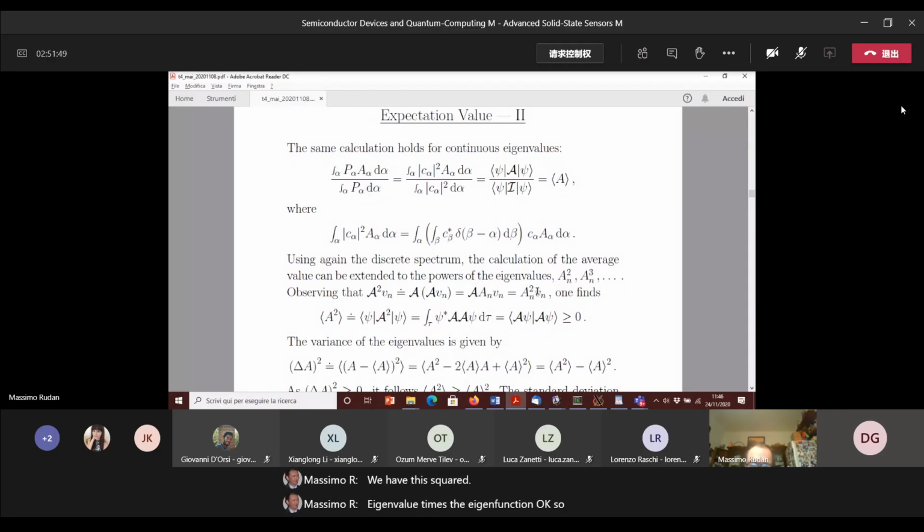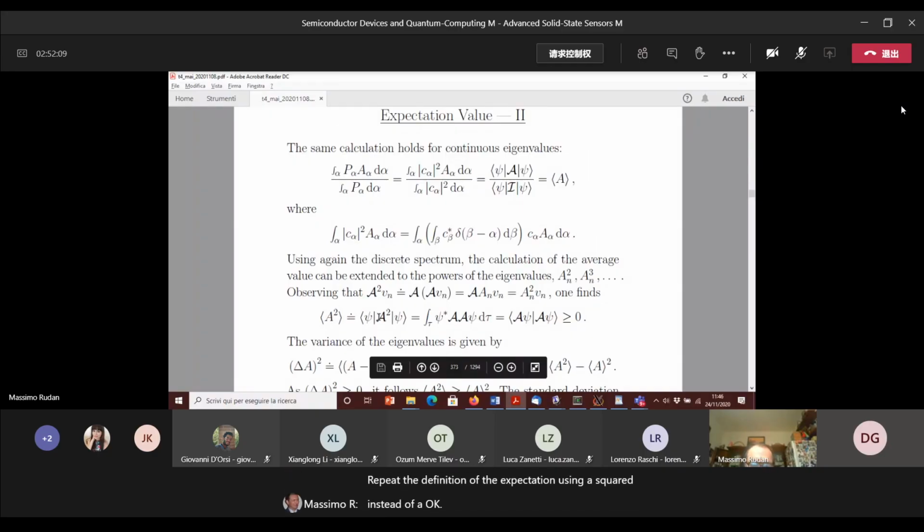This gives us the clue for the calculation of the average of the squared eigenvalues, because we repeat the definition of the expectation using A squared instead of A. So this quantity, when written in the explicit form of the integral, is like psi star followed by A operating on A psi.